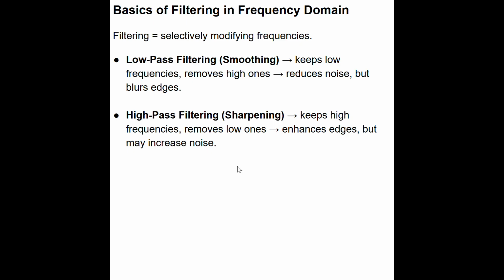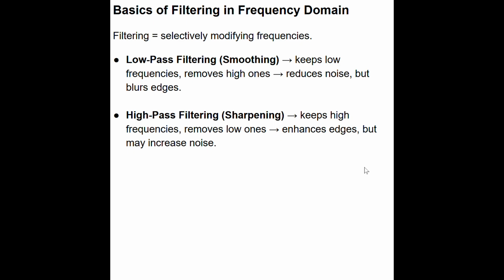Just take a pause if you have any questions. So smoothing deals with low pass filtering, sharpening deals with high pass filtering. Smoothing deals with reducing noise, sharpening deals with increasing the noise. Smoothing deals with keeping the low frequencies, sharpening deals with keeping the high frequencies.